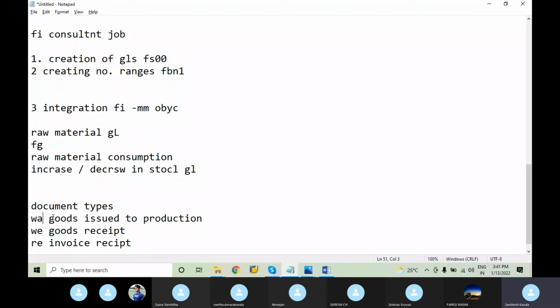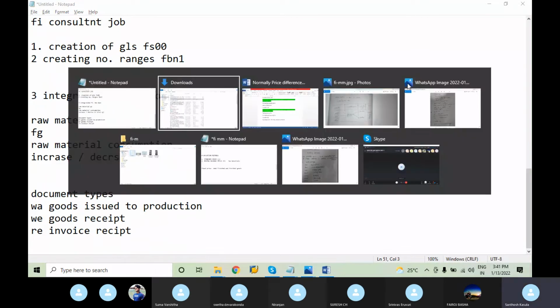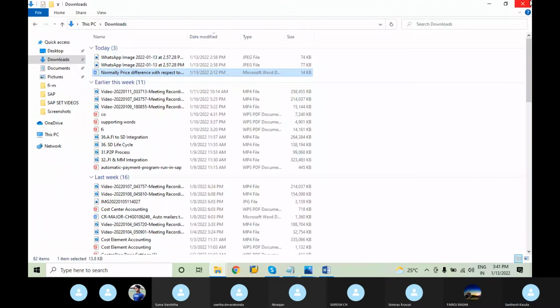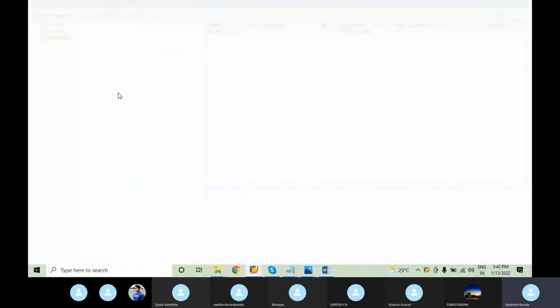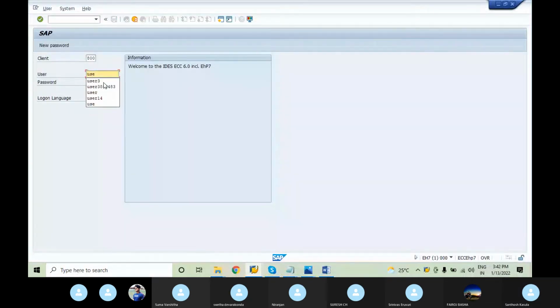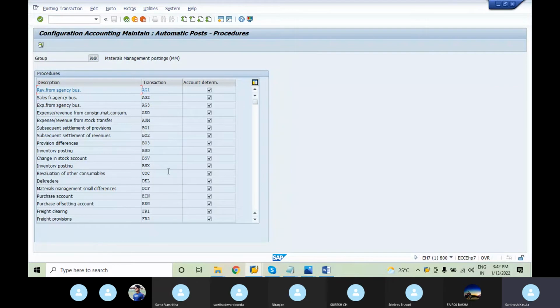And now while coming to the integration of OBYC, as I told, the transaction keys, right? BSX, WRX, we have multiple transaction keys as such.